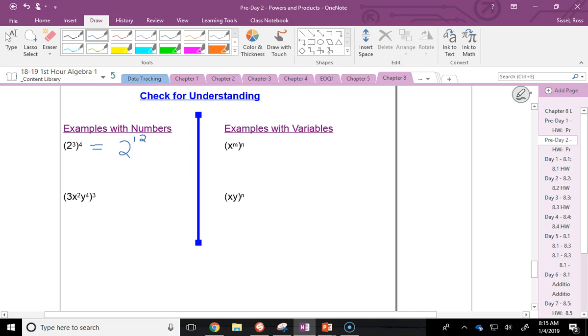So what would we have got on this? 3 to the 3rd power, x to the 6th power, y. Good. Examples with variables. x to the what? mn. And then this one?